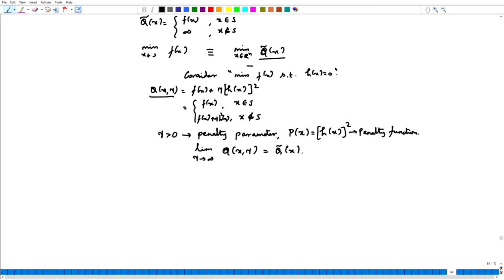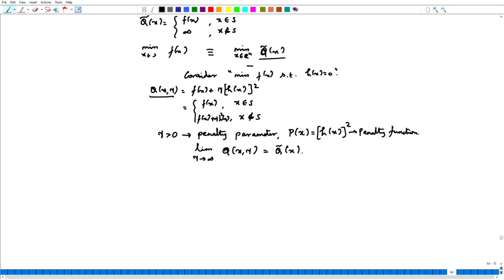If you are minimizing q tilde of x, we are actually solving the problem, but if you are only minimizing q of x comma gamma, which only approaches q tilde of x as gamma tends to infinity, you might ask what is the use, right. So, the use is that q of x comma gamma that we have considered here is actually a differentiable function. Okay.